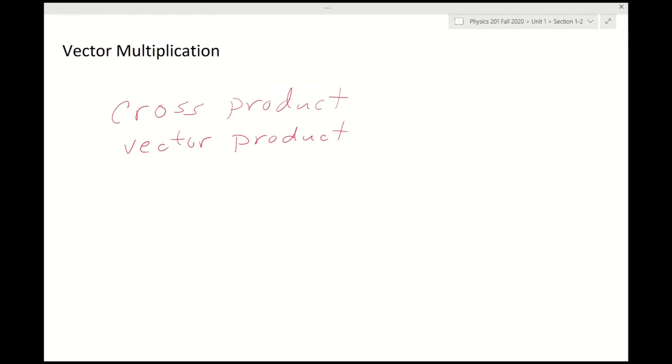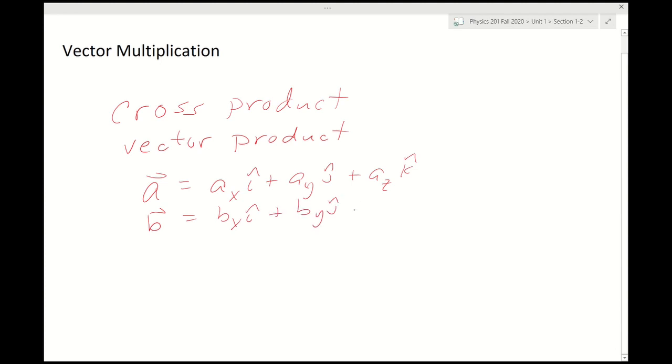They're out there. Feel free to look for them. But given two vectors, A and B, defined the same way, A sub x i, A sub y j, A sub z k, and B sub x i, B sub y j, B sub z k.